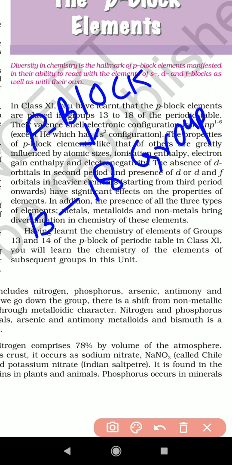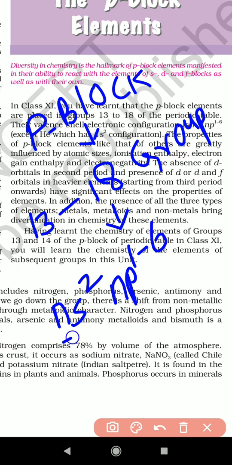So what is the general outermost electronic configuration of P block elements? ns2 np1-6. That means in the s orbital 2 electrons are present, and in the p orbital 1 to 6 electrons are present in their outermost shell.